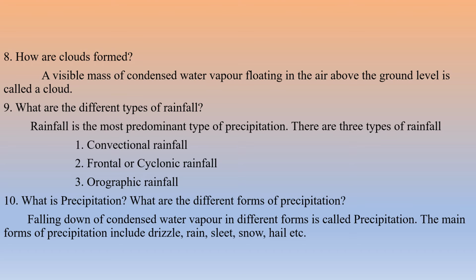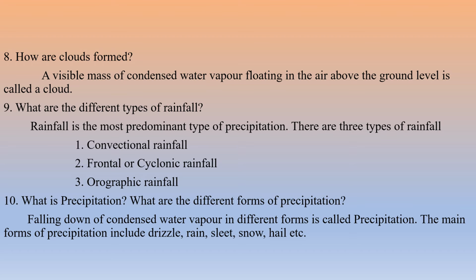The next question is, what are the different types of rainfall? Rainfall is the most predominant type of precipitation. There are three types of rainfall: convectional rainfall, frontal or cyclonic rainfall, and orographic rainfall.